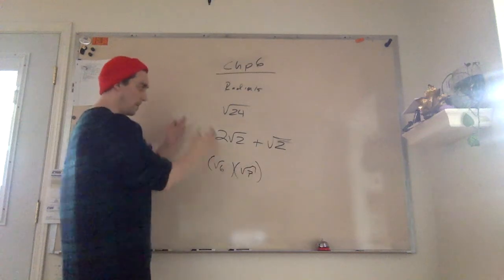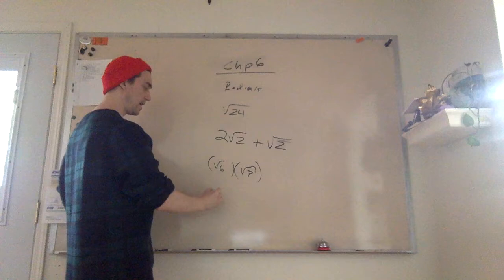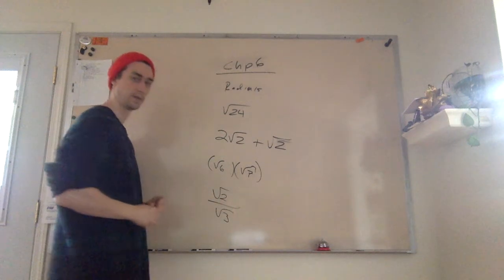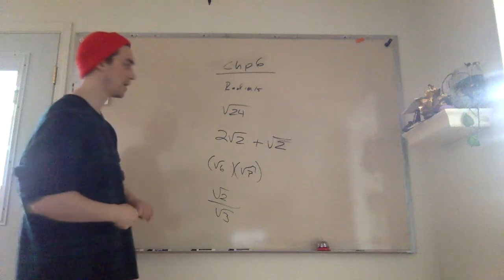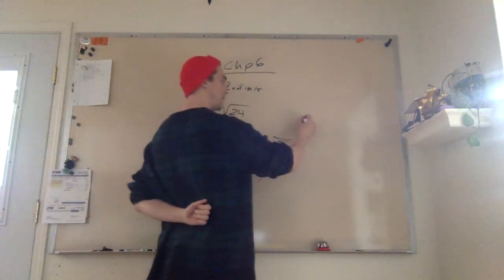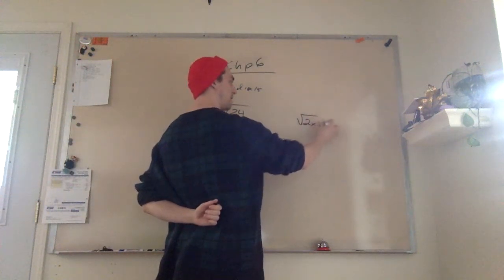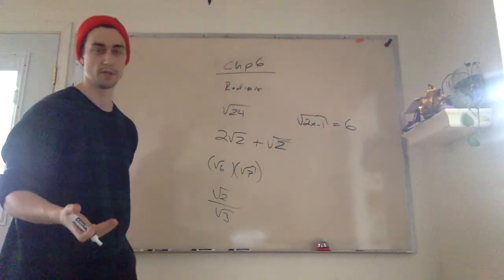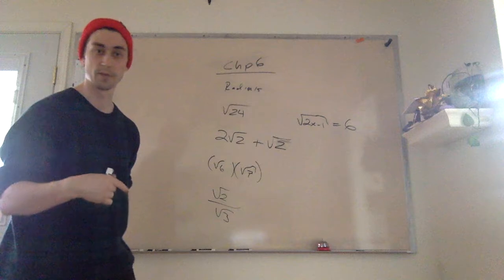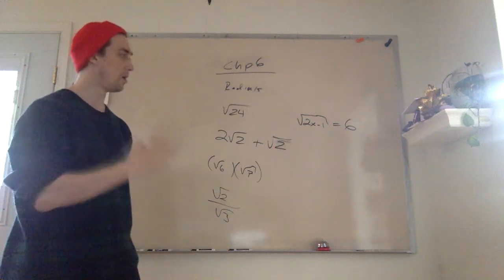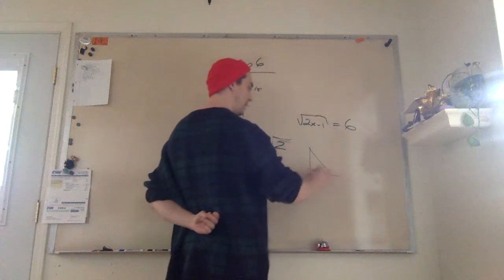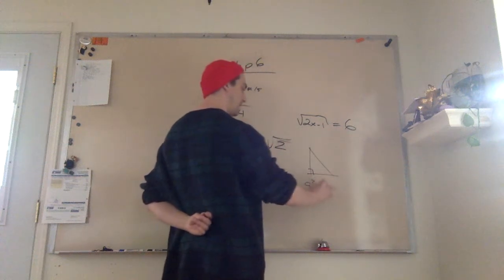This is all the things that you should be able to do, and how to rationalize the denominator, aka divide radicals. And then a bunch of simplifying work, and then ultimately, how to solve equations involving radicals, and what to do while you're solving those equations, like having to check your work because of erroneous solutions. All that stuff was Chapter 6, and then we did a little bit on the Pythagorean theorem.